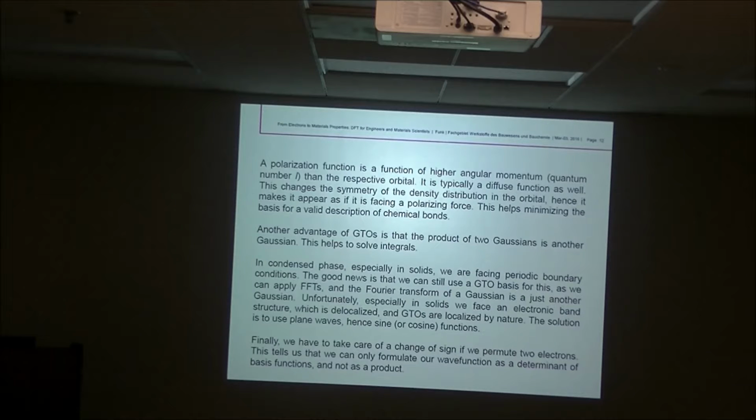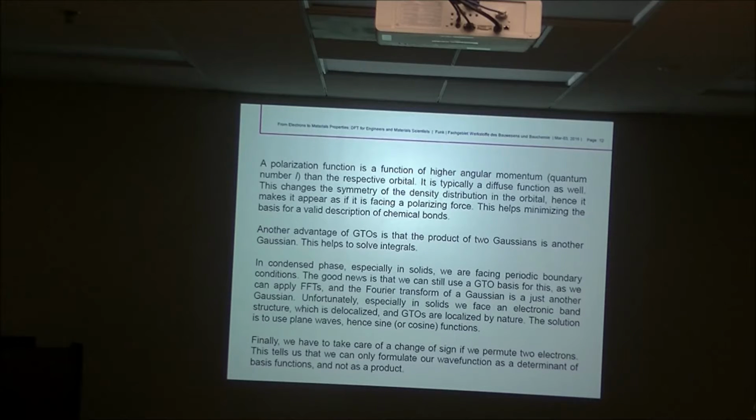6 primitive Gaussians make a contracted Gaussian to describe the inner shell, and you have a double zeta, the first zeta by 3 primitive Gaussians, the second by 1. All Gaussian. This basis exists also in the variation with additional polarization and in the variation with a plus, which means diffuse functions added.